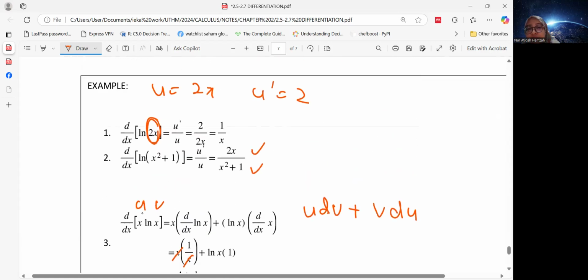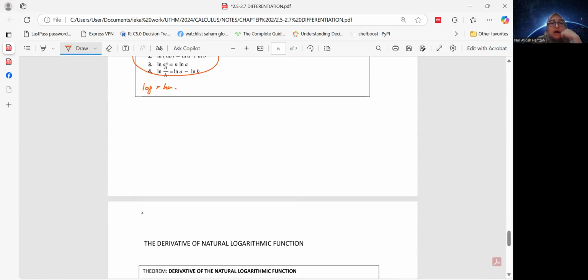So basically, walaupun dah sampai parts macam trigonometri, logarithmic, tapi bila nak menyelesaikan masalah tu, menyelesaikan soalan, segala hukum differentiation yang you already learn from 2.1 until 2.4 and 2.5, you need to apply, kena gunakan untuk selesaikan satu-satu masalah.